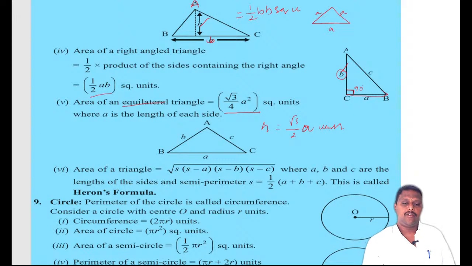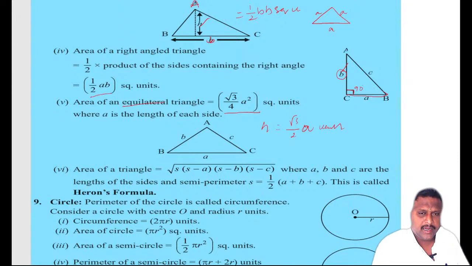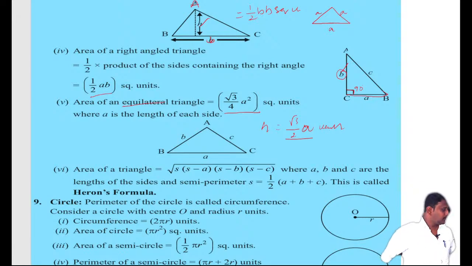This is very important. The area of an equilateral triangle is root 3 by 4 A square units, and height is equal to root 3 by 2 A units. Got it?